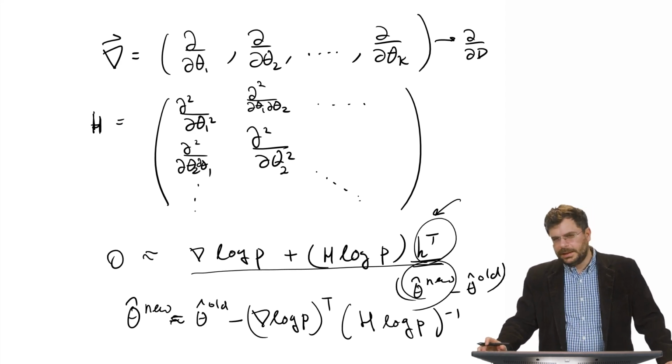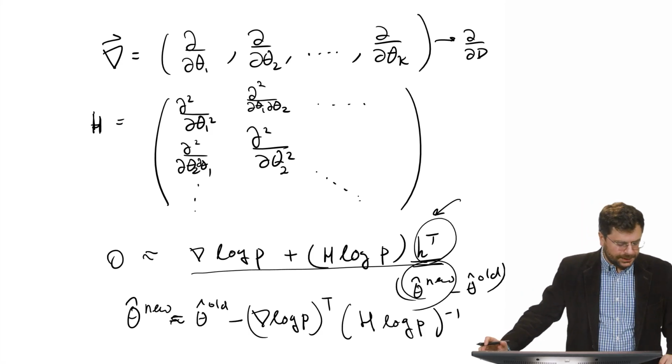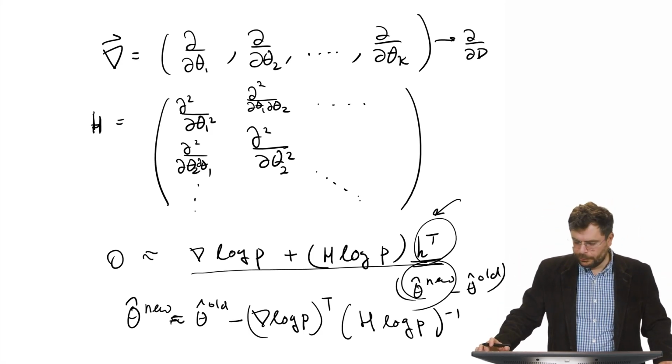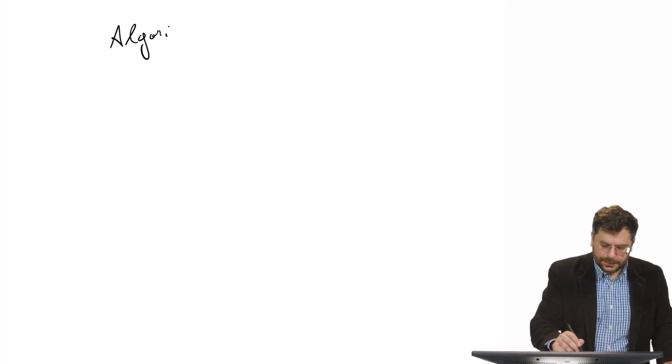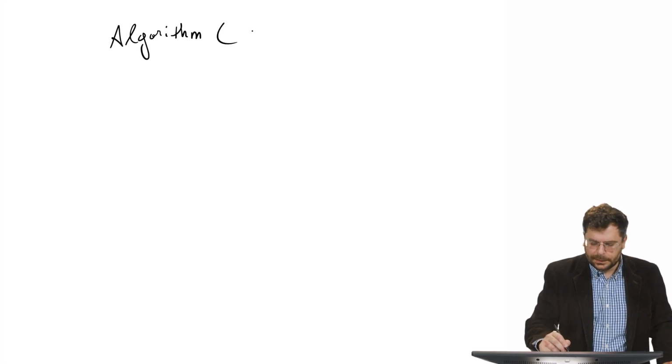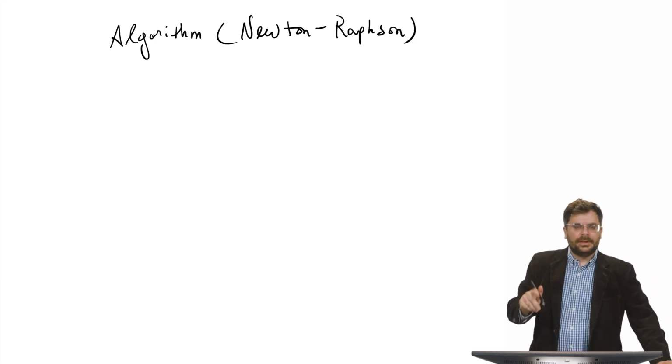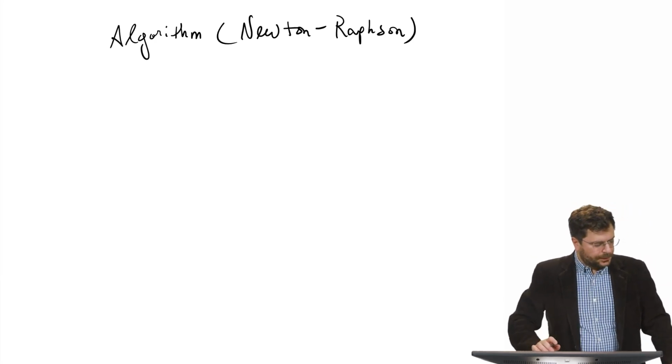Now, algorithmically, the way it's traditionally implemented is as follows. So this is an algorithmic implementation of Newton-Raphson.